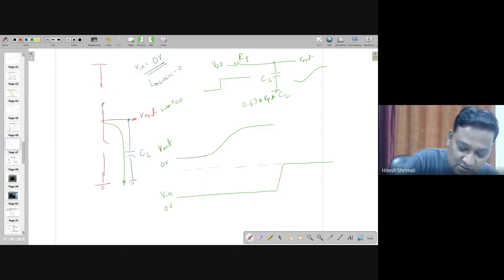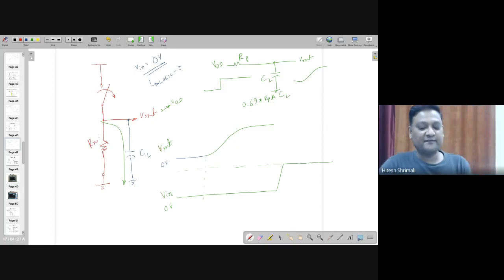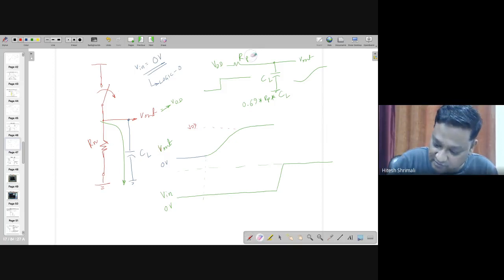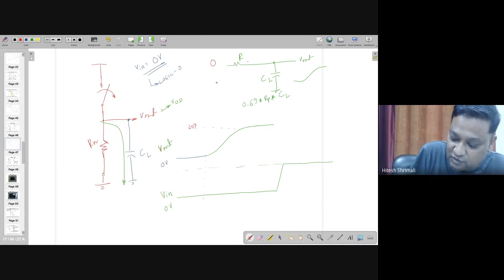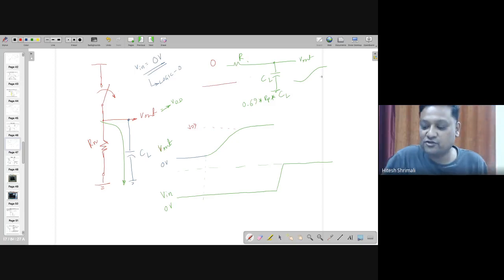This PMOS is off, and NMOS has a finite resistance Rn. Look at this node, it is right now at VDD. Because of this, this path should go to 0, because now the dynamics have changed. It has to go from VDD to 0.